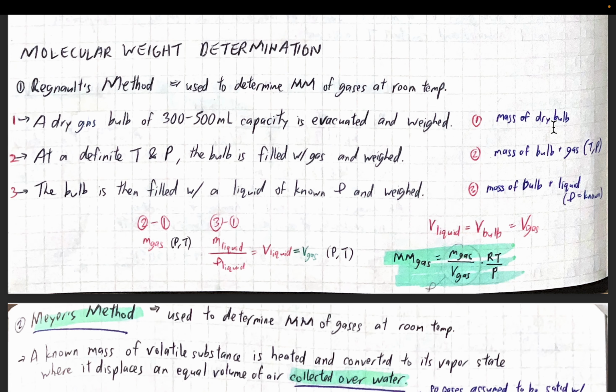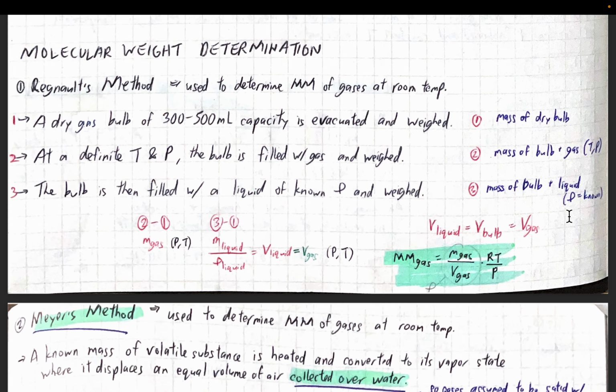But specifically for this method, a dry bulb is mentioned, specifically its mass. Also, you have the mass of the dry bulb plus the gas, given a temperature and the pressure, and the mass of the bulb plus the liquid, such that the density is known.